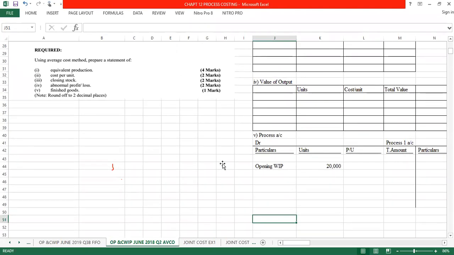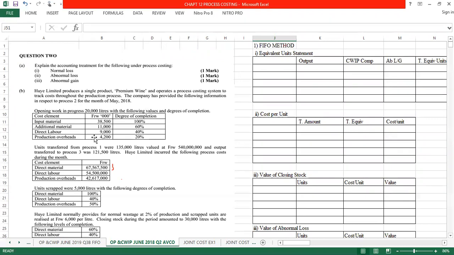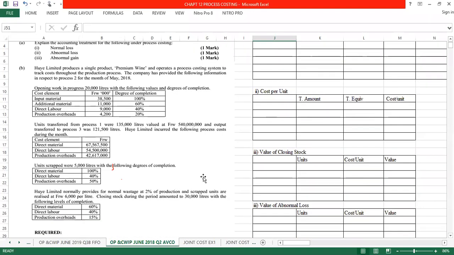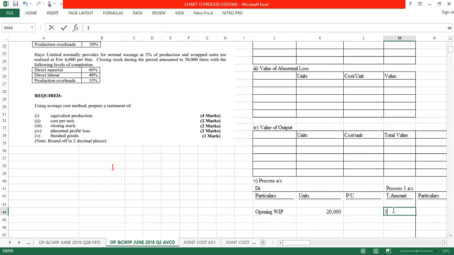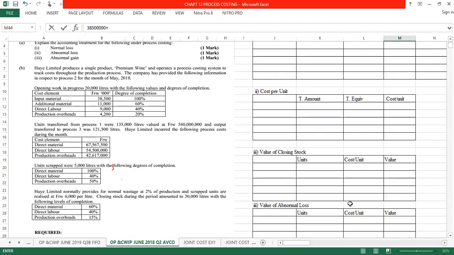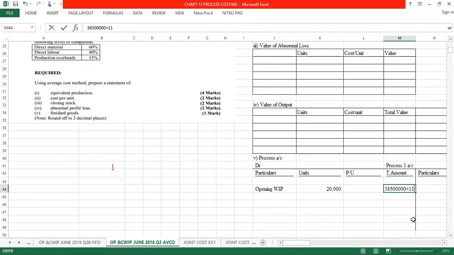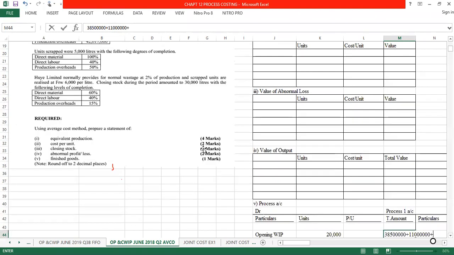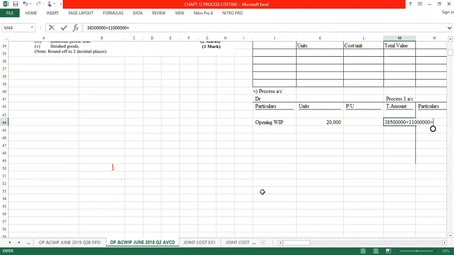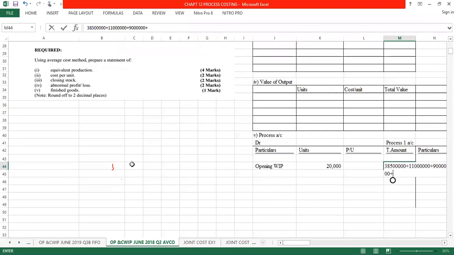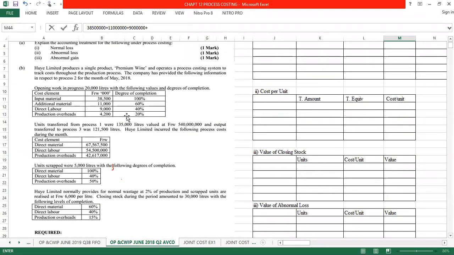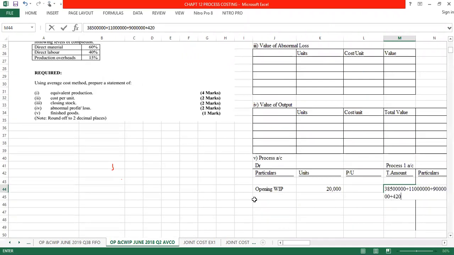And the total amount, we are working in thousands: 38,500, plus 11,000, plus 9,000, plus 4,200.